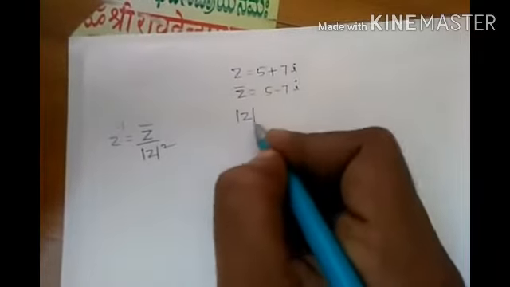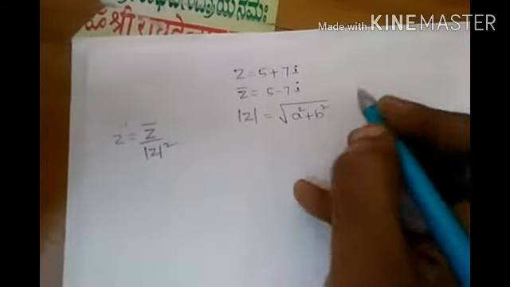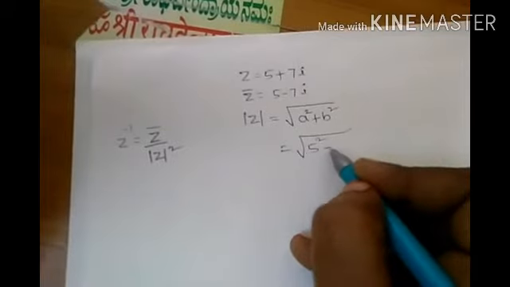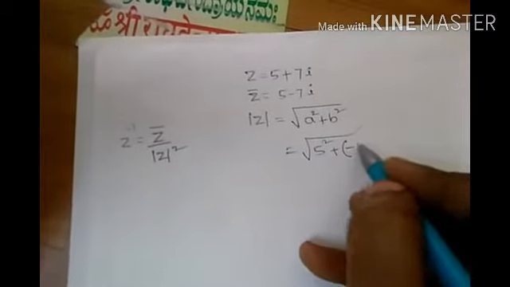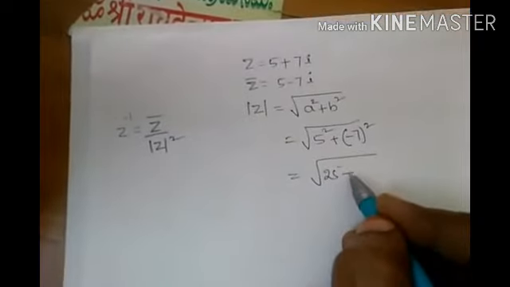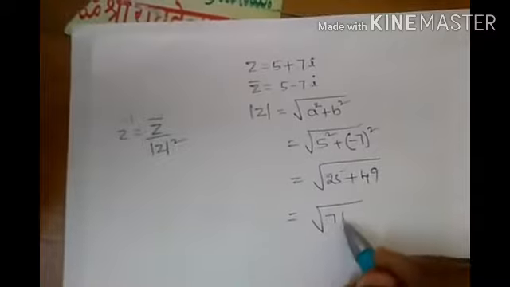What is the modulus of Z? Square root of a square plus b square, which is square root of 5 square plus minus 7 whole square, that is 25 plus 49, which is equal to 74.